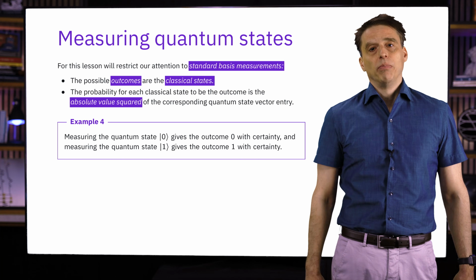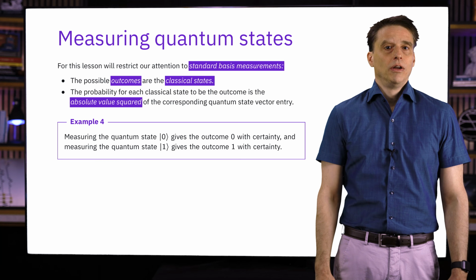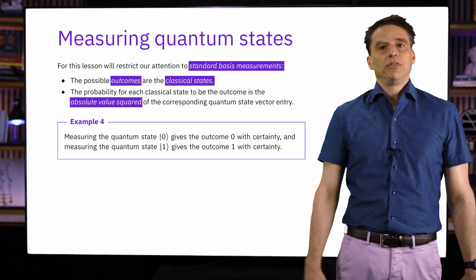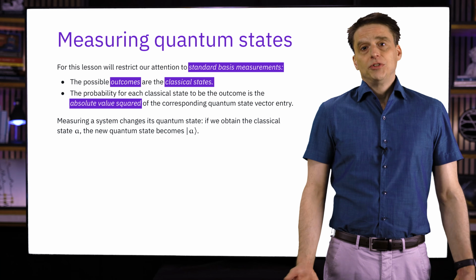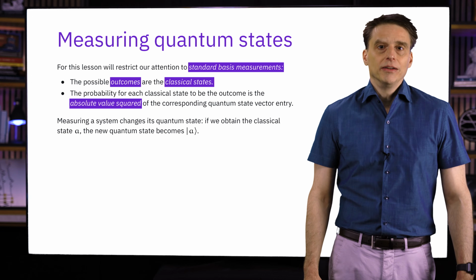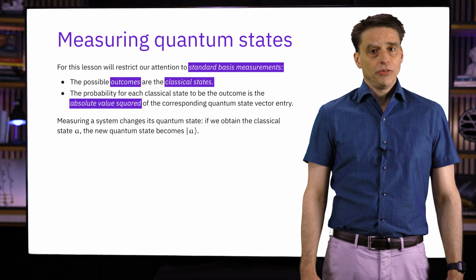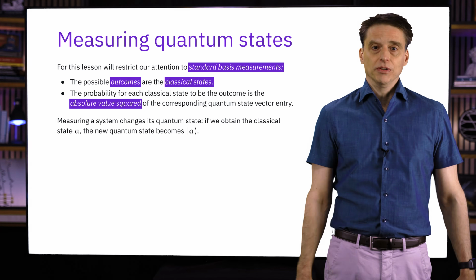Similar to what we had in the probabilistic setting, we can associate these quantum states, ket 0 and ket 1, with the system being in those classical states. And this example is consistent with that interpretation. Now, just like we had in the probabilistic setting, if we measure a system when it's in a quantum state, then the state will change in general as a result of having performed that measurement.